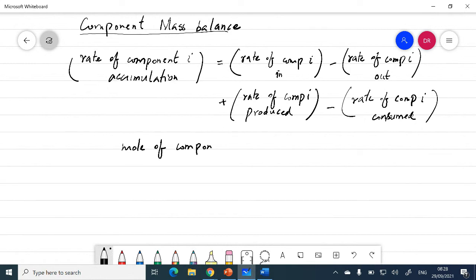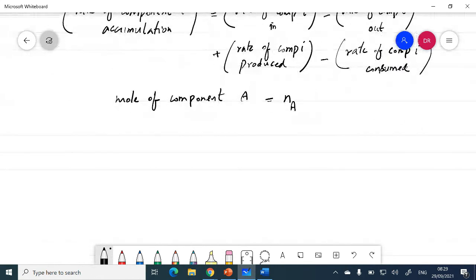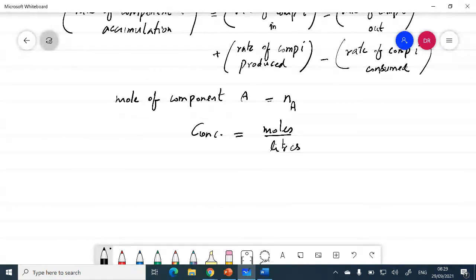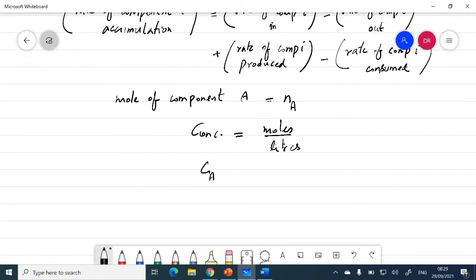So the mole of component A, let's say NA, and how is the molar balance related with concentration? We can define concentration as moles per liter or moles per volume. So CA is the concentration, and N is the mole, and volume we know is V. From here we can get the number of moles for component A, that will be CA into volume.